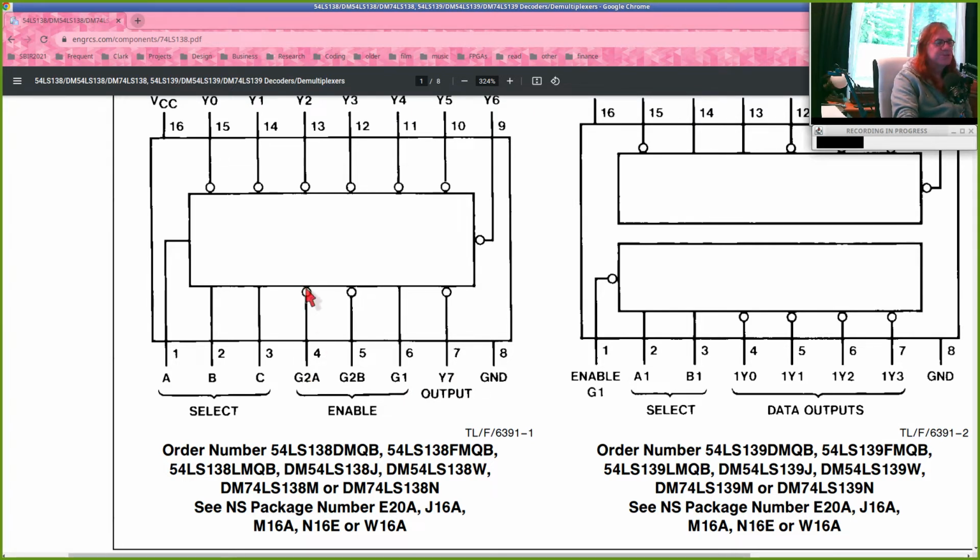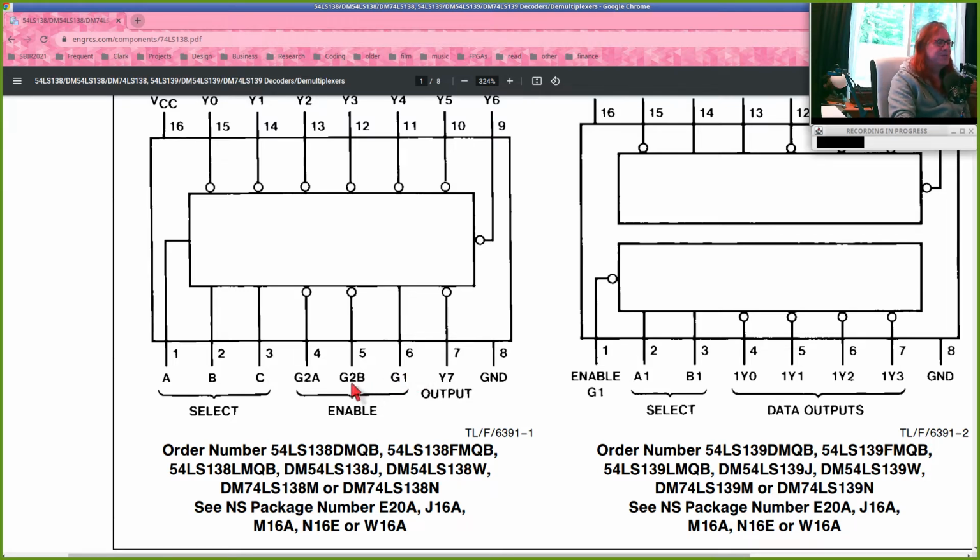And so the circles, they mean invert, but they are used in kind of a funny way in these pictures. These inputs are called enable. And so G1 is an enable input. Well, to enable the device, we need to turn G1 on to say enable. So we're going to make G1 a 1.